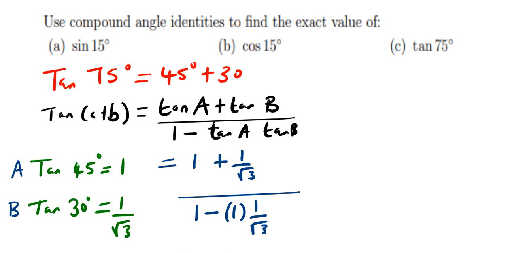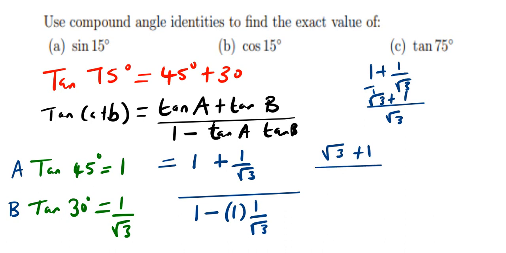Now if I get what is on top and add, the common denominator will be root 3. 1 multiplied by root 3 on top will just be root 3, plus 1 over root 3. So on top I'm finding root 3 plus 1 over root 3, and this is divided by what is down.